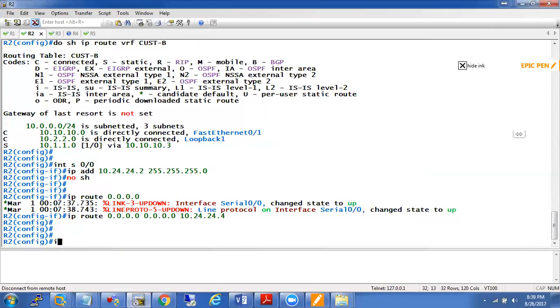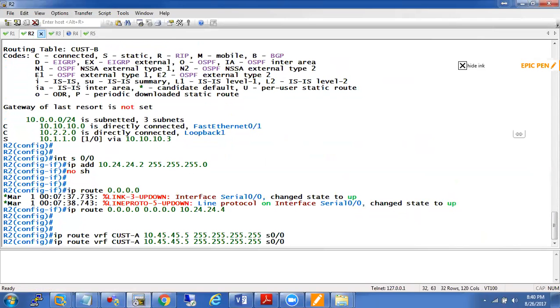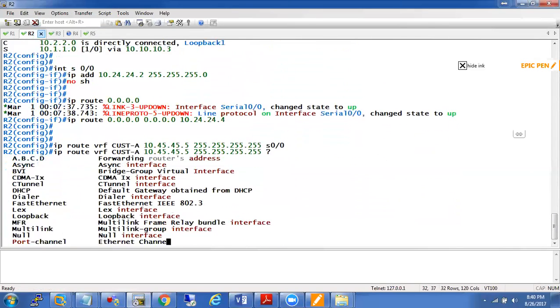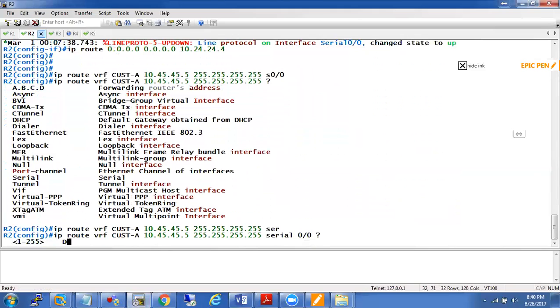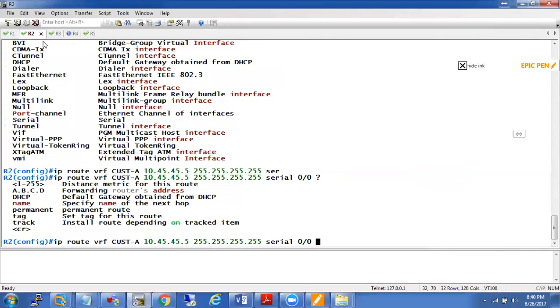The route itself needs to be put inside your VRF. For the 10.45.45.5 network, okay, go through the S0/0 interface. Yep, this is good. Go through that interface.